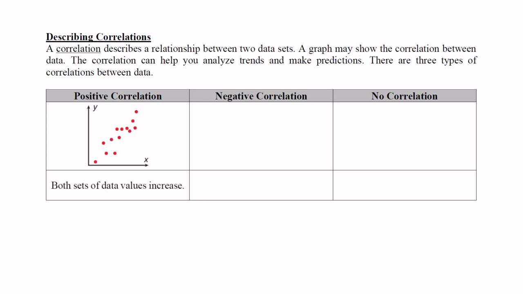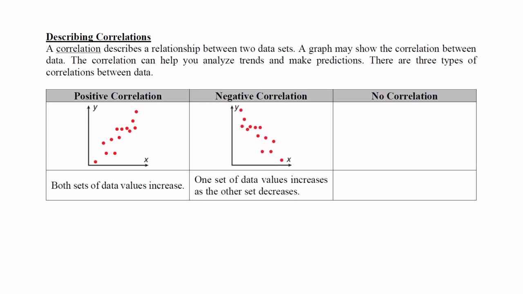A positive correlation occurs when both sets of data values increase. So if you were to draw a line that roughly goes through that set of data, it would be increasing from left to right. A negative correlation occurs when one set of data values increases as the other set decreases.